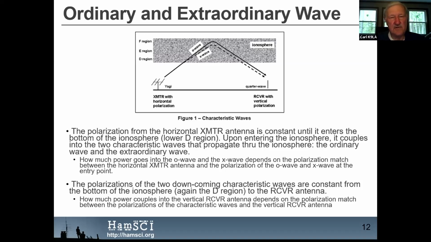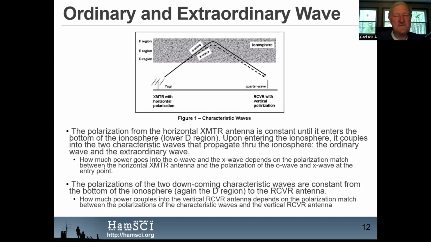I show a horizontal Yagi in this figure. The polarization is constant until it enters the bottom of the ionosphere, which is the lower D region. When it enters the ionosphere, all that energy couples into the two characteristic waves that propagate through the ionosphere. They're called the ordinary and the extraordinary wave.